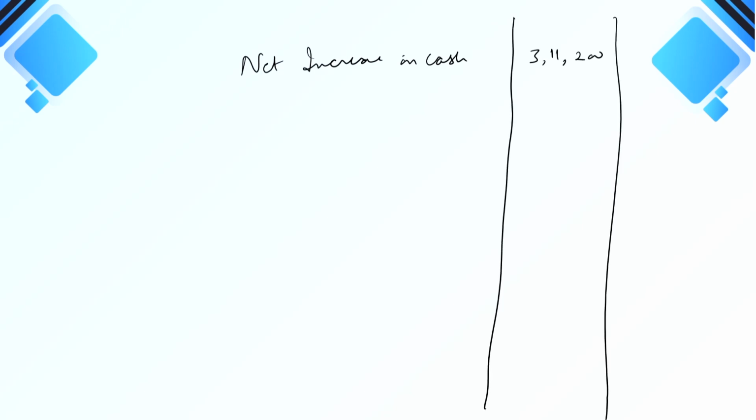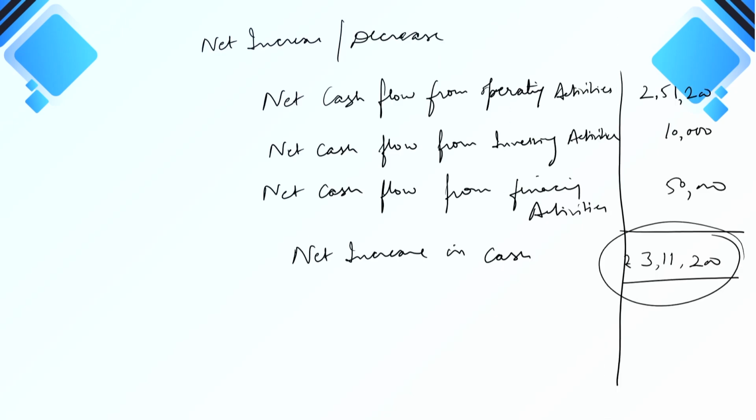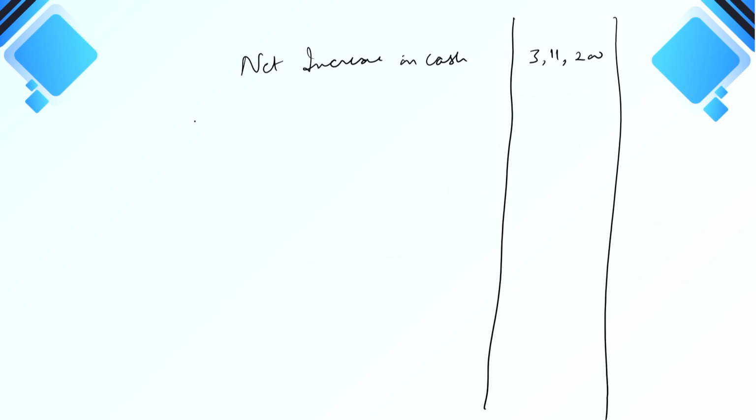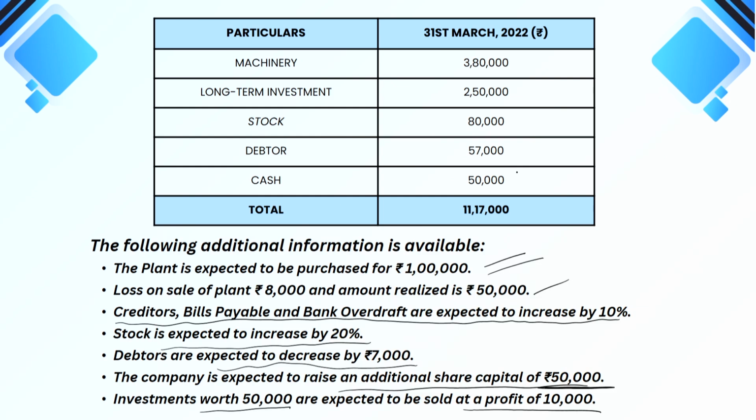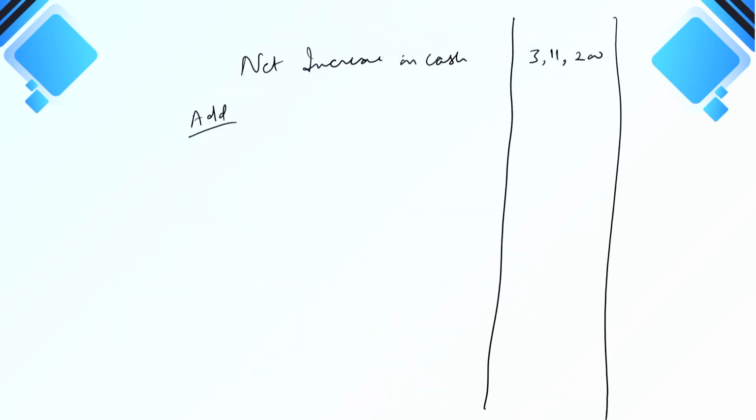So now we can have the net increase in cash, which is 3,11,200. We just computed in the last slide. Then we have the cash balance in the balance sheet provided to us rupees 50,000.